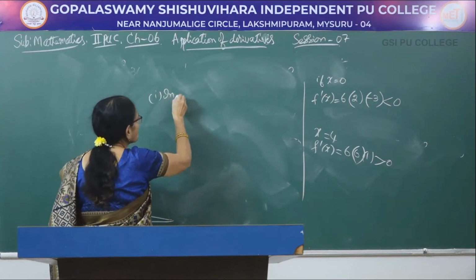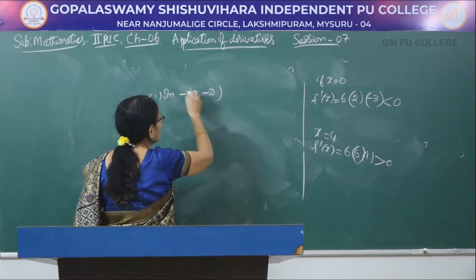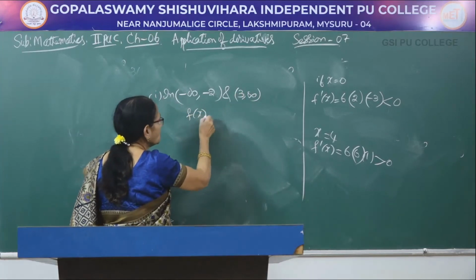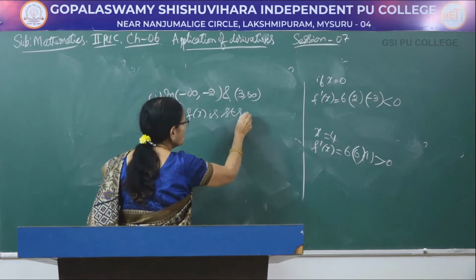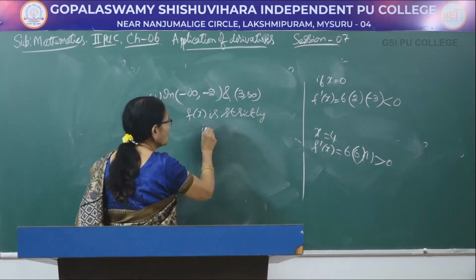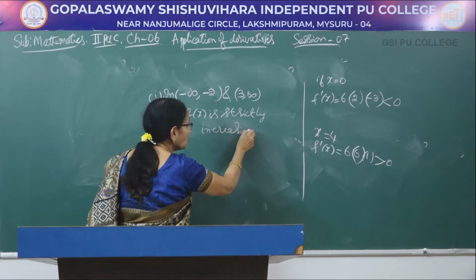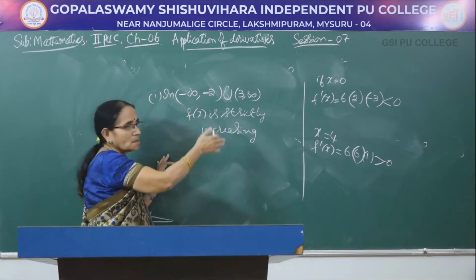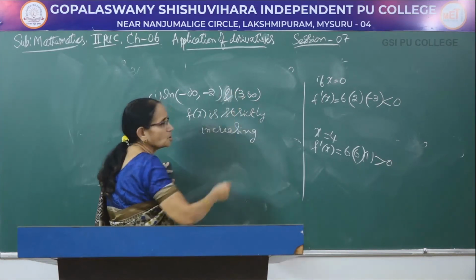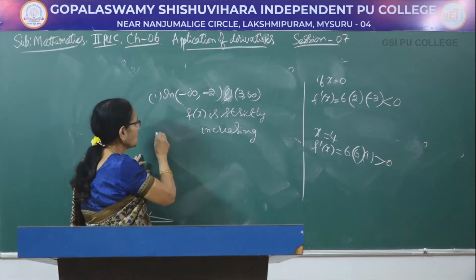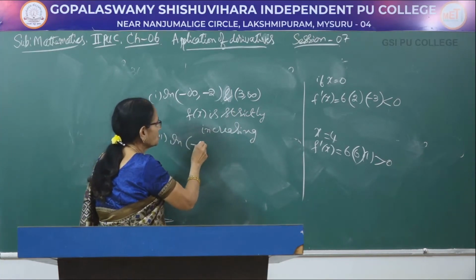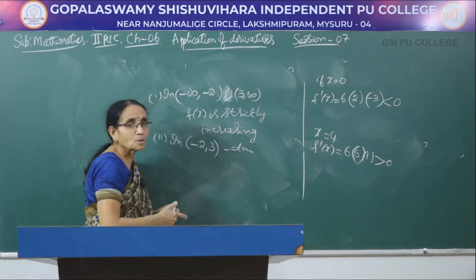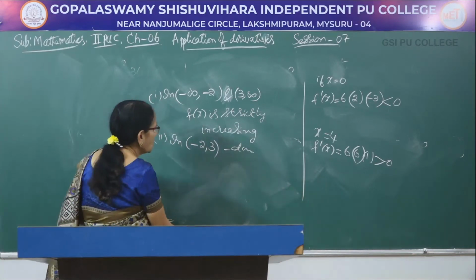In minus infinity to minus 2 and 3 comma infinity, f x is strictly increasing. Another way of writing is to use the union here; both are correct. And in the middle interval, that is minus 2, 3, the function is strictly decreasing. So, this is how you have to write the answer.